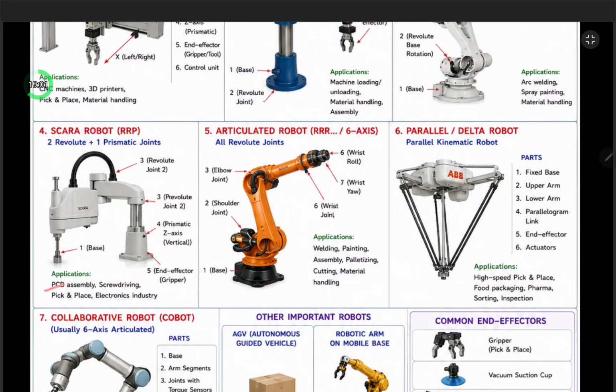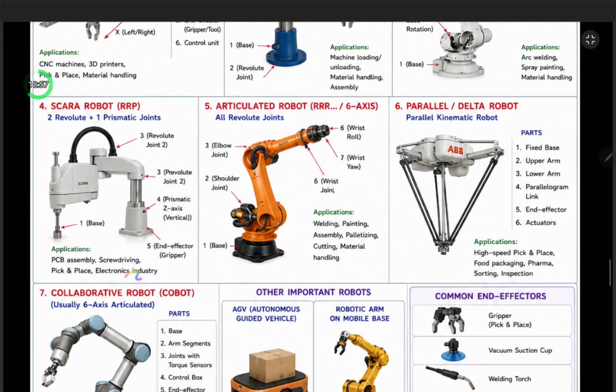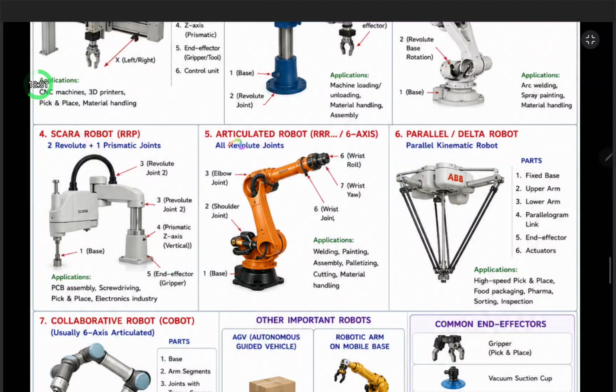It is used in PCB assembly, screw driving, pick and place, electronics industries. Articulated robot: RRR, 6 axes. You can see here it is used for welding, painting, assembly, cutting, material handling.